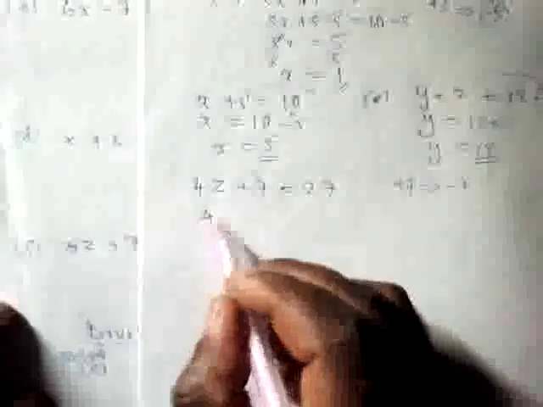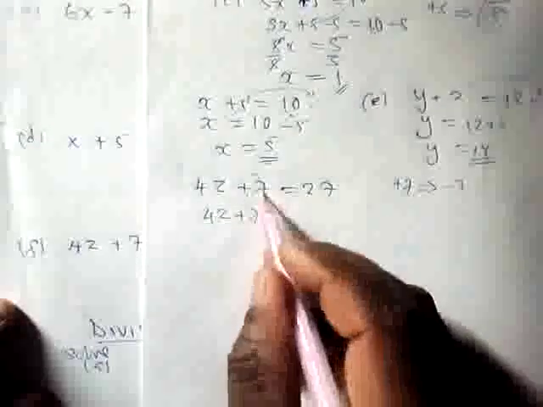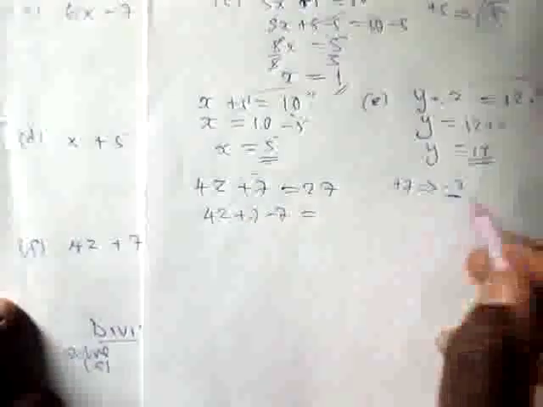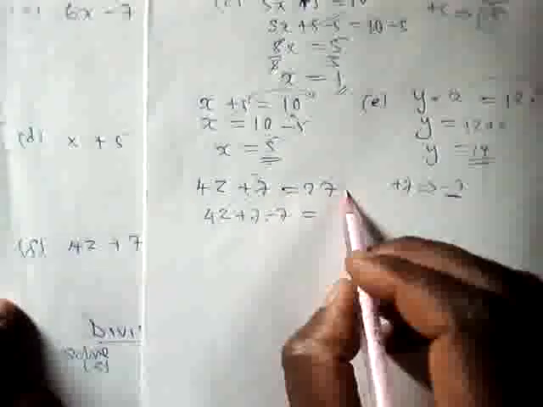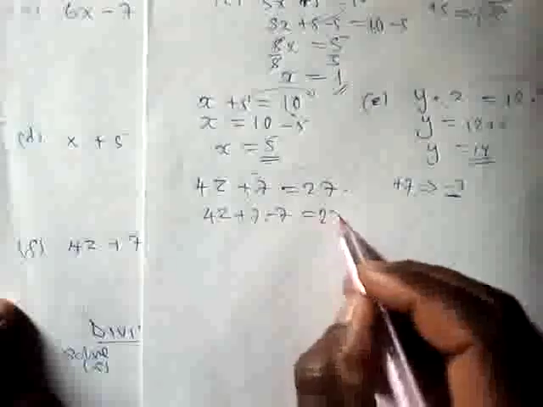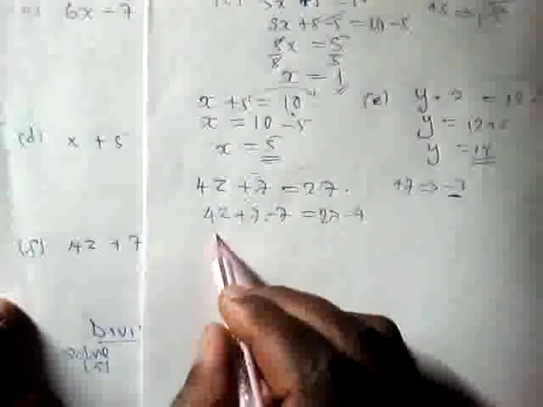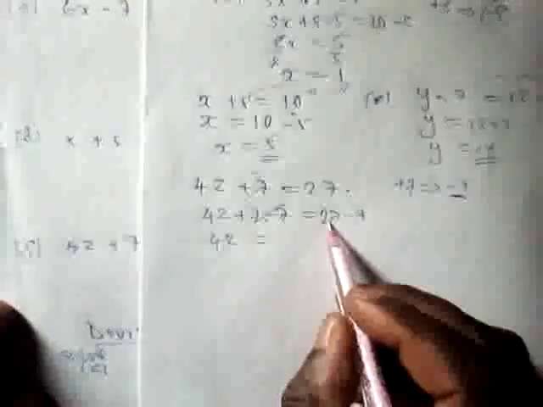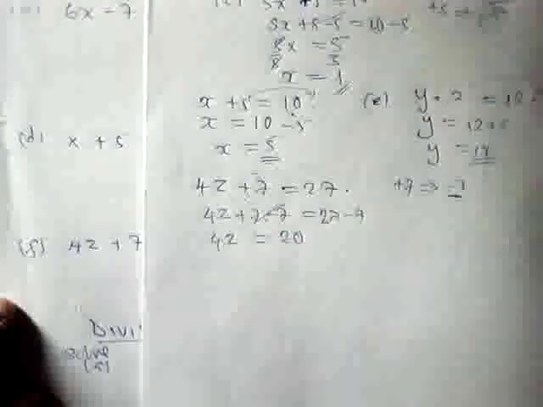So we have 4z plus 7 the way it is, then we introduce this negative 7. Whatever we introduce here, we introduce also on the other side. Negative, that is 27 minus 7. So 4z, this is 0, is equal to 27 minus 7, that is 20.